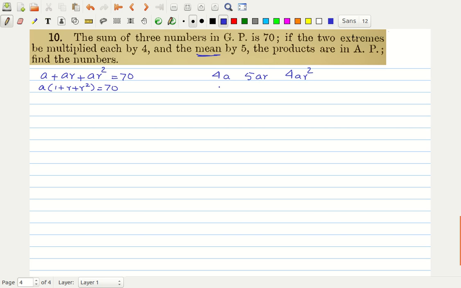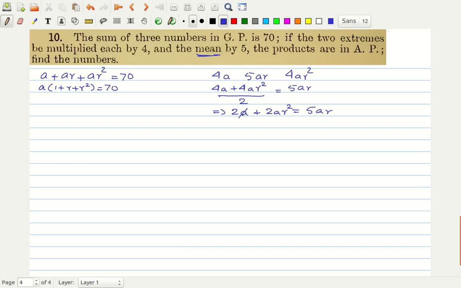So what we know is that (4A plus 4AR square) divided by 2 should be equal to 5AR, because 5AR is the arithmetic mean of 4A and 4AR square, right? So from here we get 2A plus 2AR square is equal to 5AR.